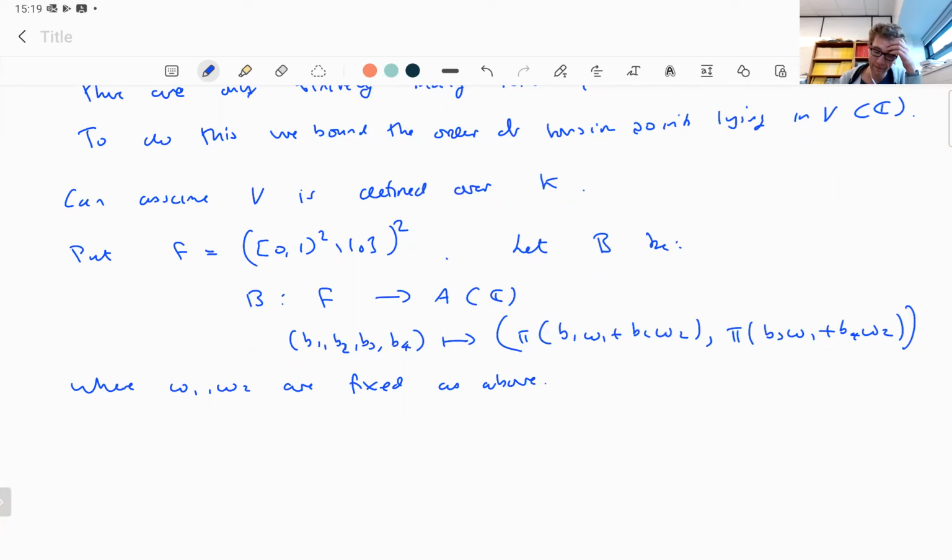So then B is definable in Rn. Now, I haven't really talked about Rn at all. You can just take my word for that. But if you've seen the definition of Rn, then this is quite simple.